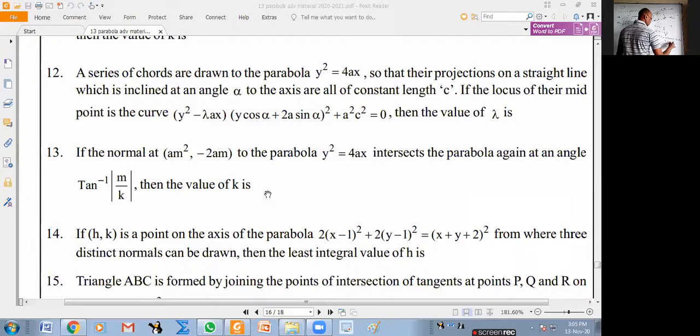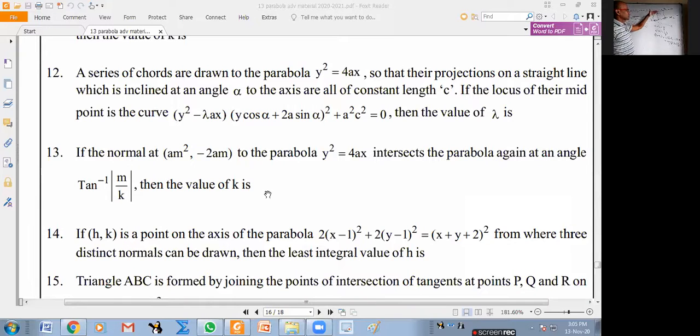This is 2 into 2x1 by a minus y1 by a whole square. If I wanted, I can write everything in terms of x and y, but let me do something else.